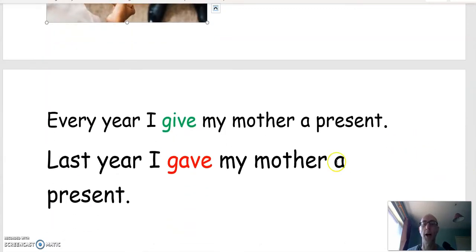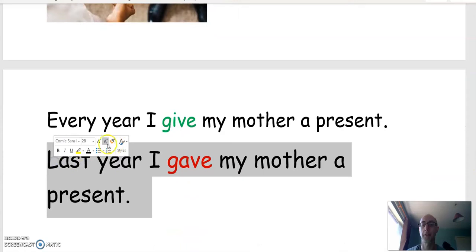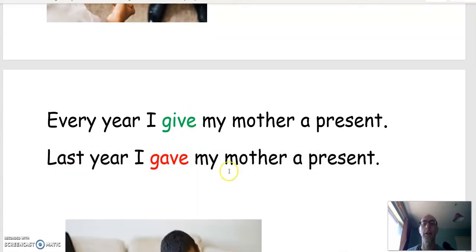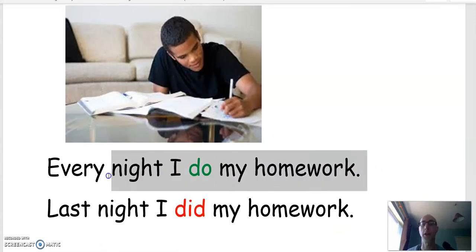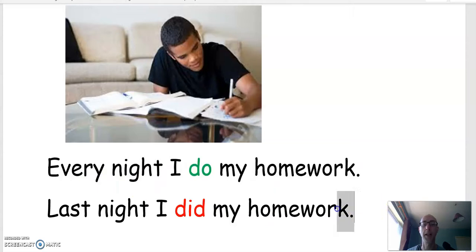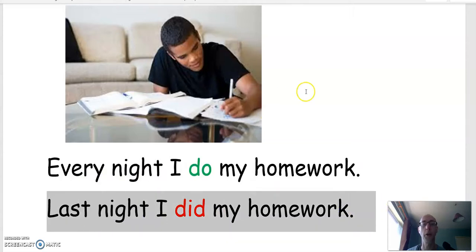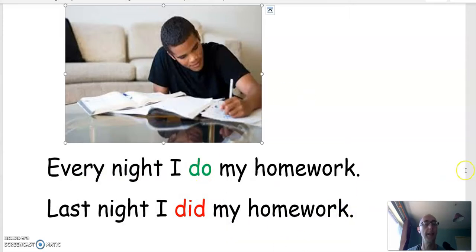Last year I gave. Give, gave. And every night I do my homework. Again, that's the present in the green. Last night I did my homework. Do, did.